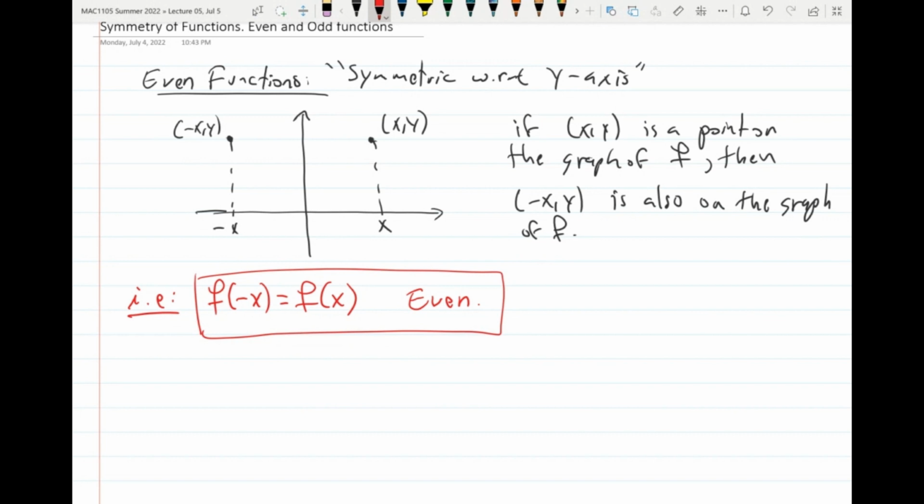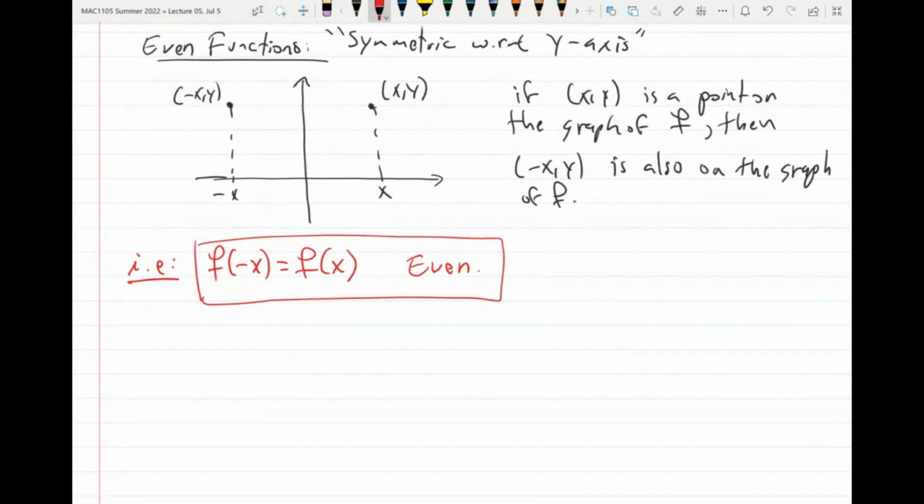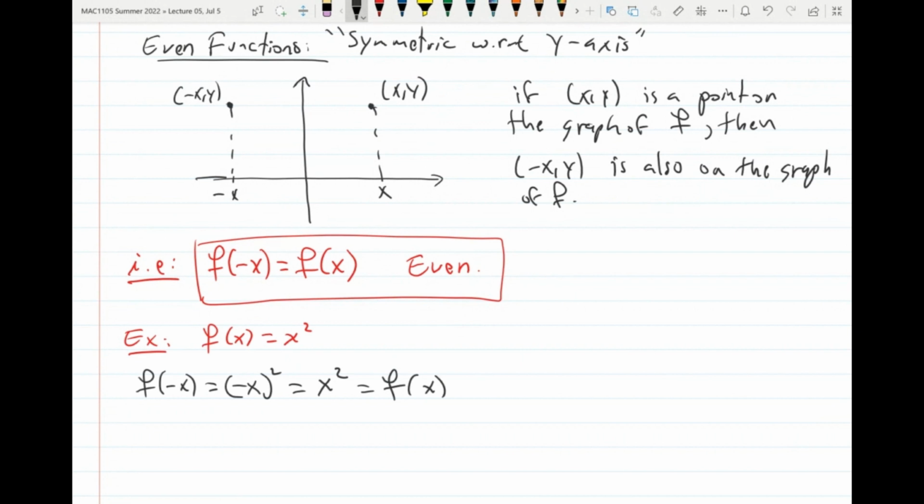Do you understand this? Who can tell me a classical example of an even function? What's the first thing that comes to mind? x squared, right? The classical example here is x squared, because it doesn't matter whether you plug in x or negative x, you will get the same thing. If you do f of negative x, that's negative x squared, which is just x squared, and that's just f of x.